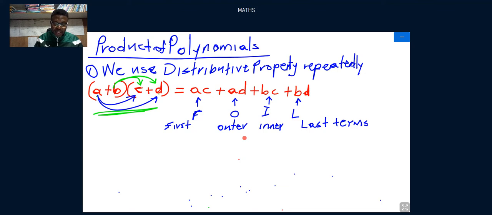We multiply the inner. B multiplied by C. BC is the inner. And B multiplied by D. These are the last terms. We put L, the last terms. So we come up with the word FOIL. Can you see? FOIL.